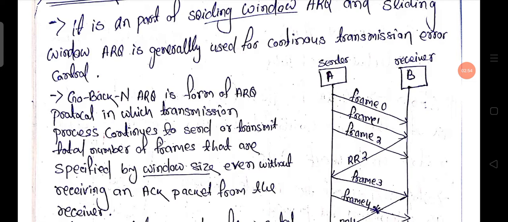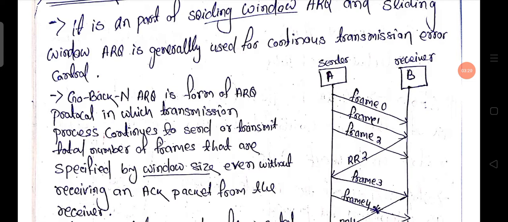When the positive acknowledgement comes from the receiver, the sender sends the next frame. That means after every frame, the sender waits for an acknowledgement, and after receiving it, sends the next frame.